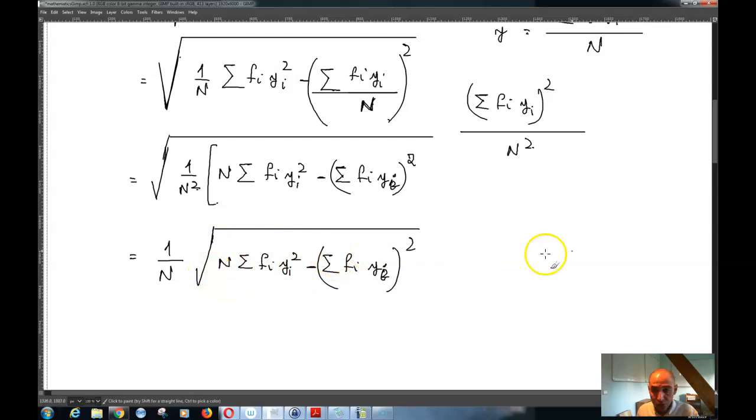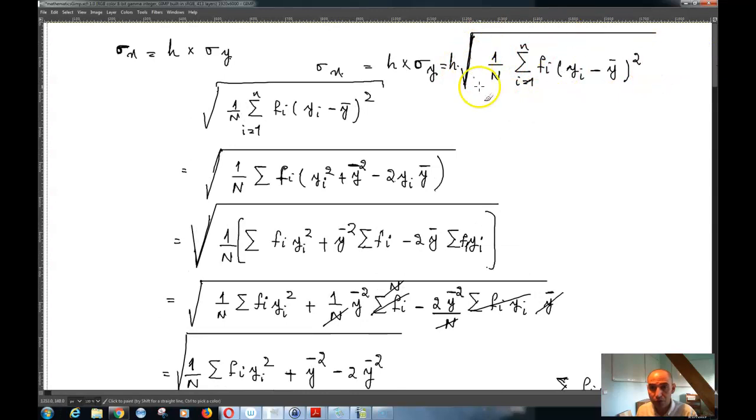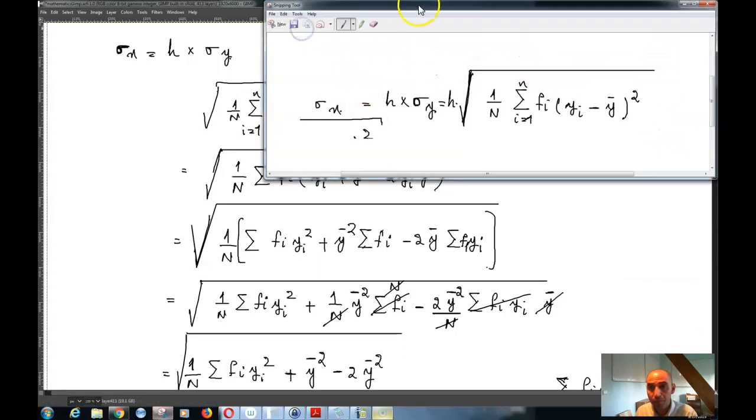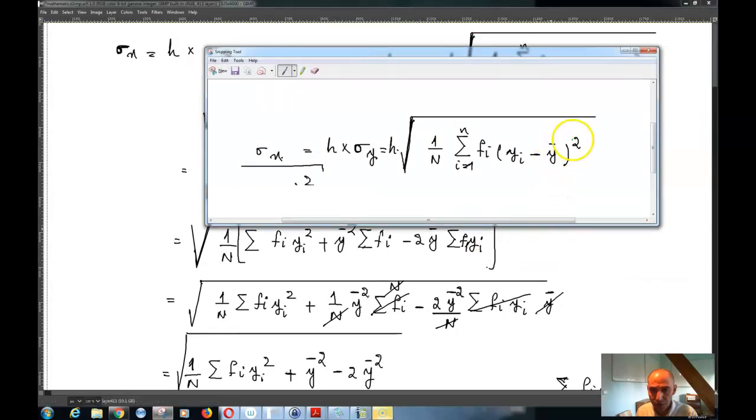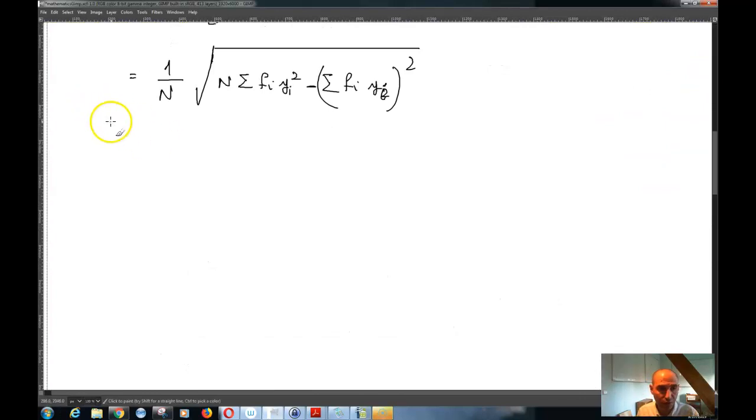So now this part is basically nothing but this part over here, and let me make a screenshot here. The part that we calculated was only this part over here. So if I multiply h by that, I will get the standard deviation of variable x.